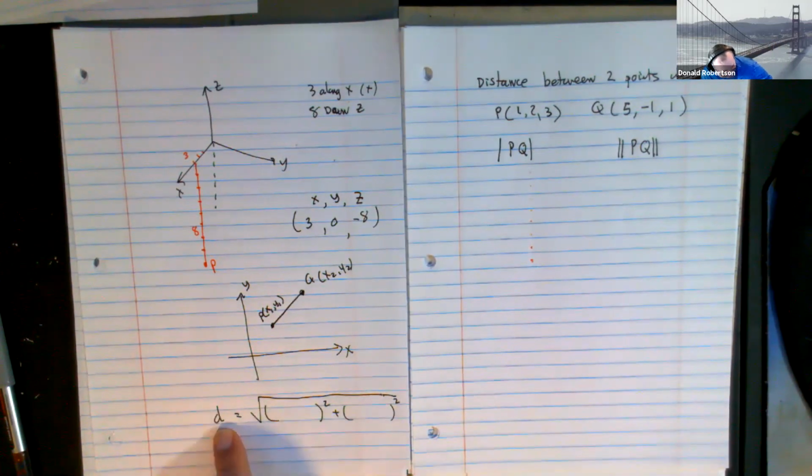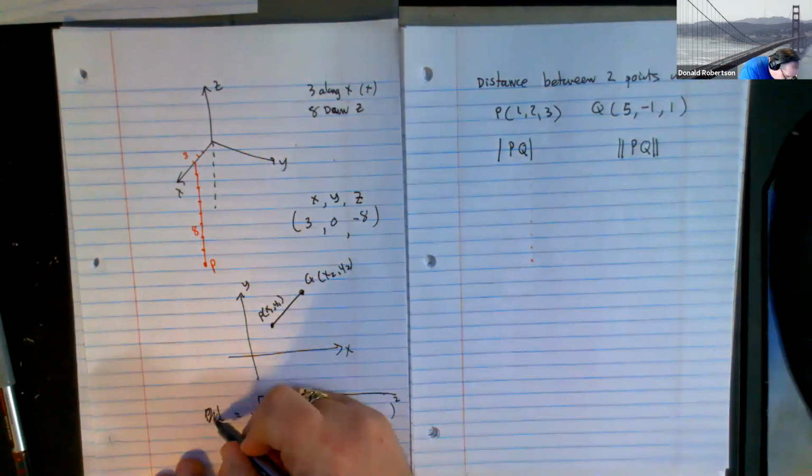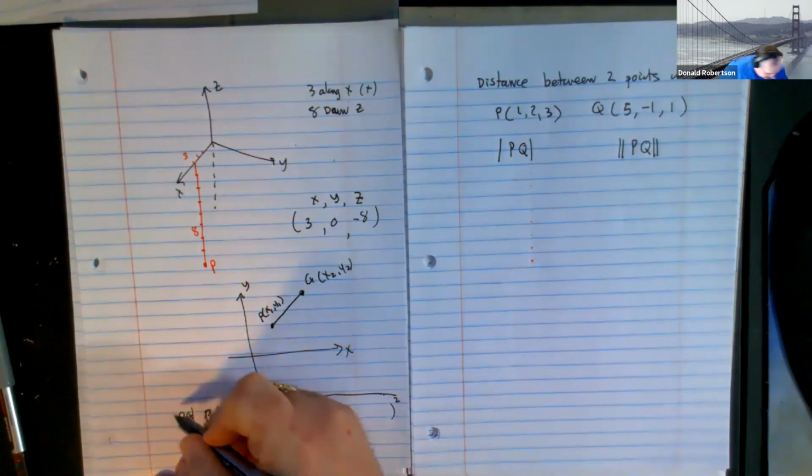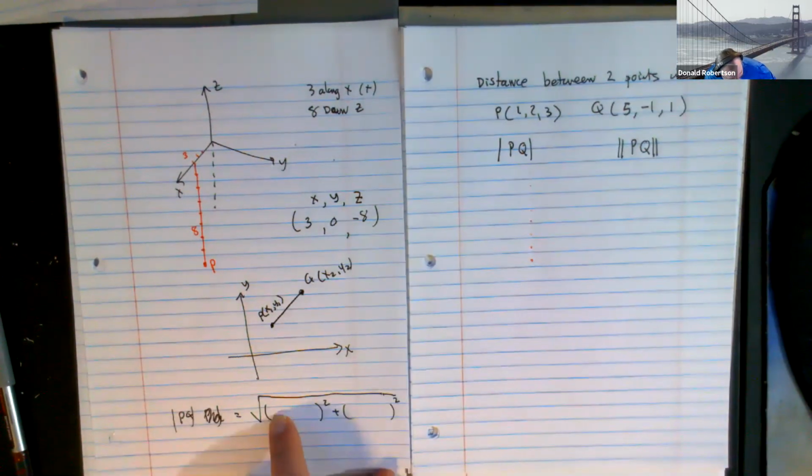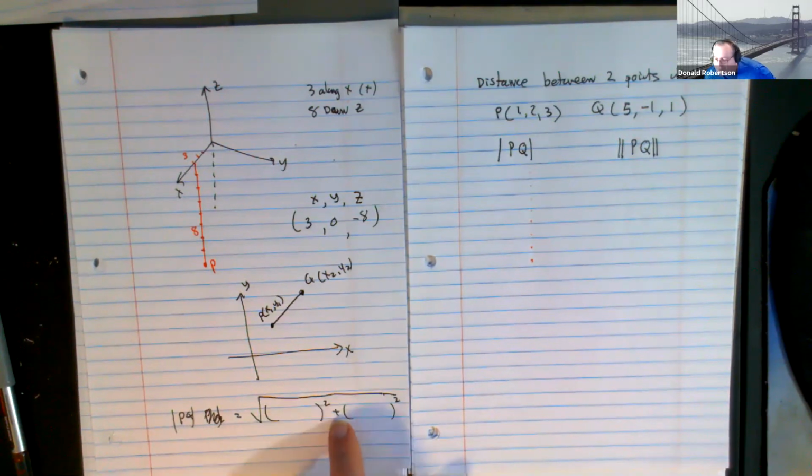The distance between P and Q, I'm calling that D right now, is made up of the square root of something squared plus something else squared.